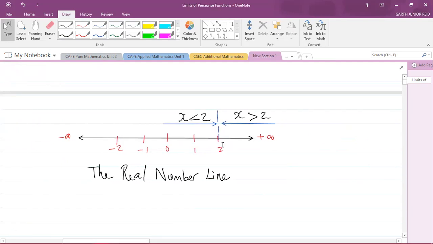If I want the limit of f of x as x approaches 1, it means that I would have to focus on the part of the graph which says x is less than 2, right? Because we know that 1 is less than 2, so I need to focus on the function that corresponds to x being less than 2.